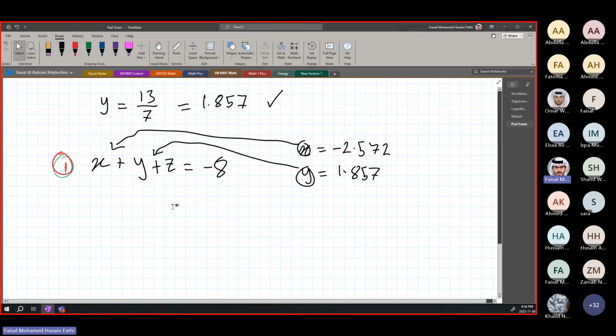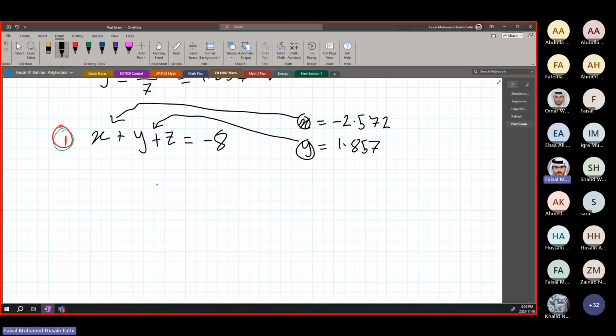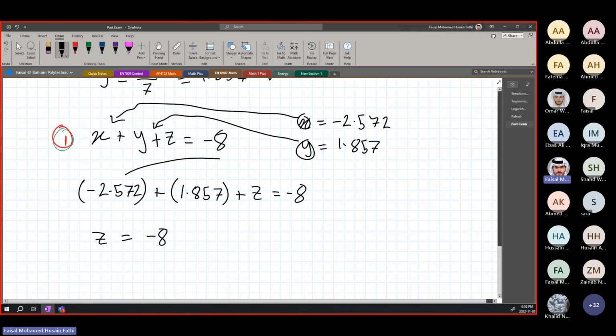Alright, and now we just solve for z. So minus 2.572 plus 1.857 plus z is equal to minus 8. Meaning z is equal to minus 8. I'm just going to take this to the other side as well as this to the other side.